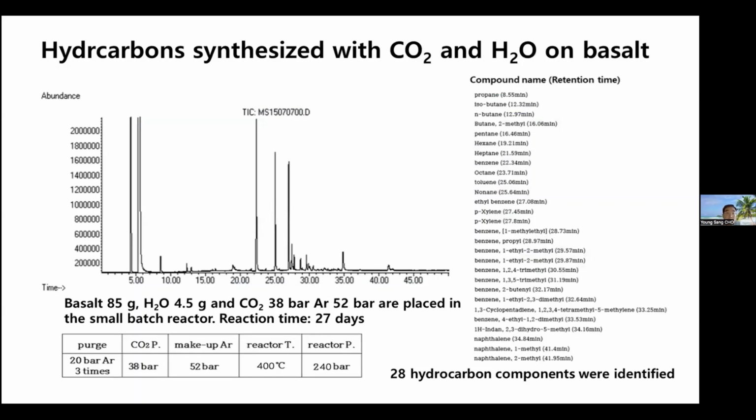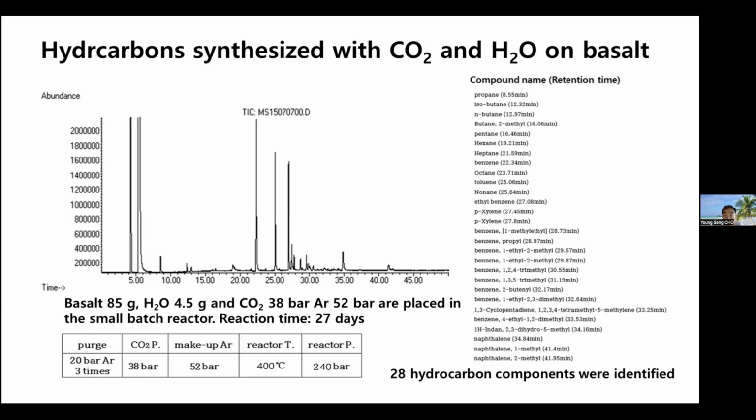This is an example of hydrocarbons synthesized with CO2 and H2 on basalt. The reaction condition was 400 degrees C and 240 bar. And we performed this reaction for 27 days.